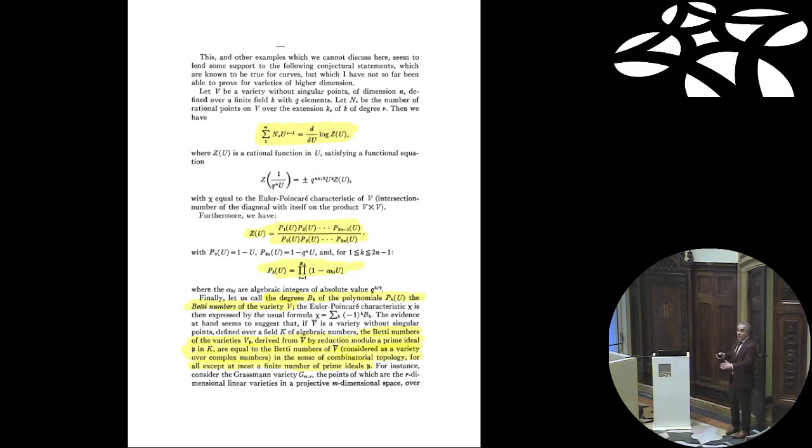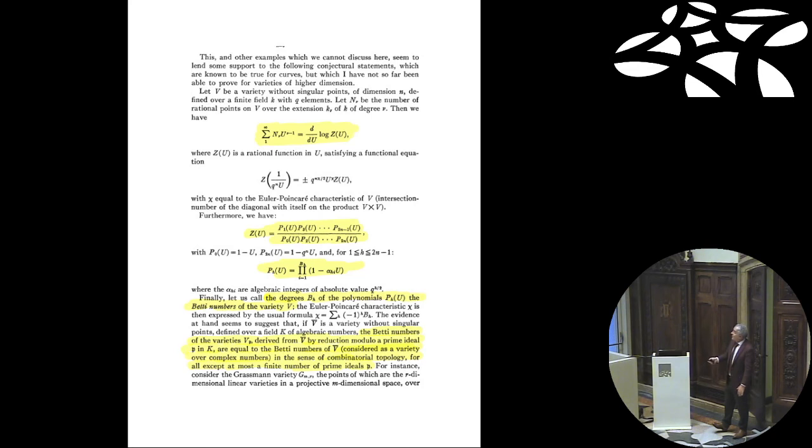And of course, to achieve this program, it took many years. So surprisingly, because this was not the way it was supposed to be, Dwork was able to prove rationality first, and then the Grothendieck machinery provided the functional equation and another proof of rationality, and also comparison with the complex points.